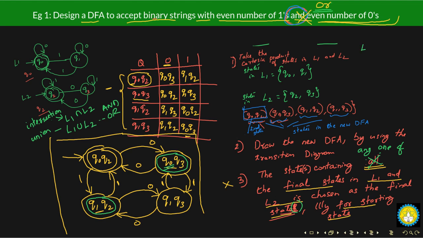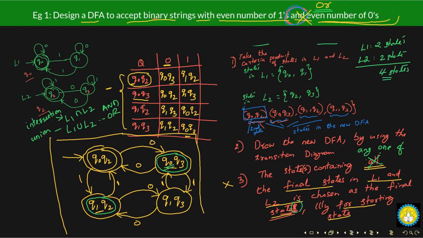Now, in this example, L1 had two states. Similarly, L2 also had two states. So the Cartesian product of L1 and L2 will contain 2 into 2, that's 4 states, and that's why this was very easy. The new DFA contains only 4 states.